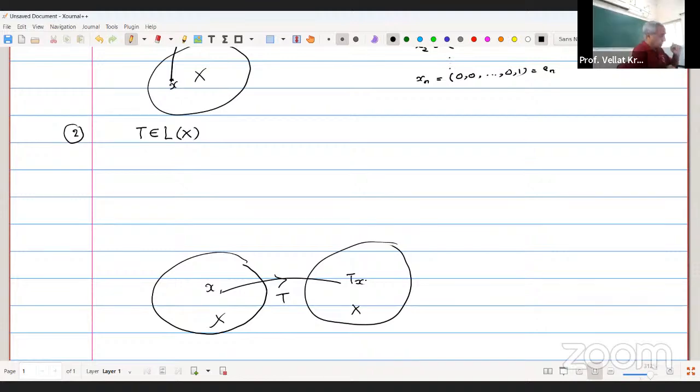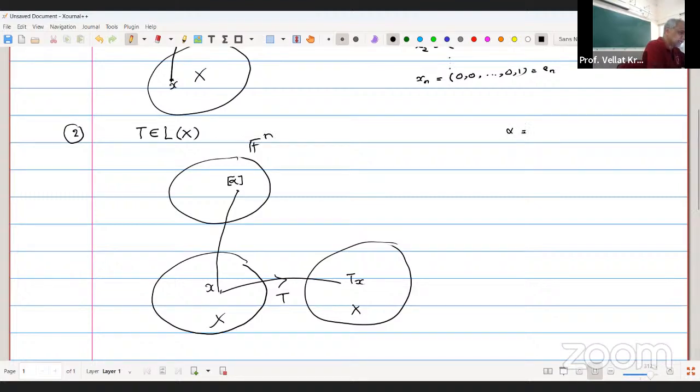Now, let us get an isomorphism of X onto Fn, denoted by phi. So you see that the element x gets mapped to a vector alpha in Fn. Say what alpha is?